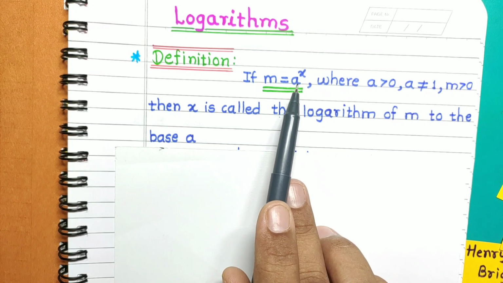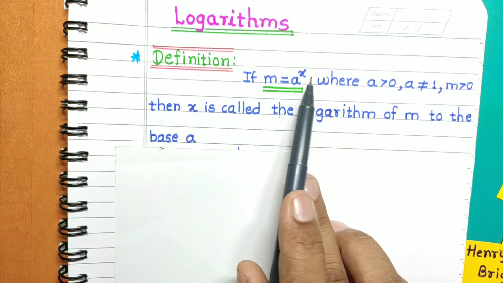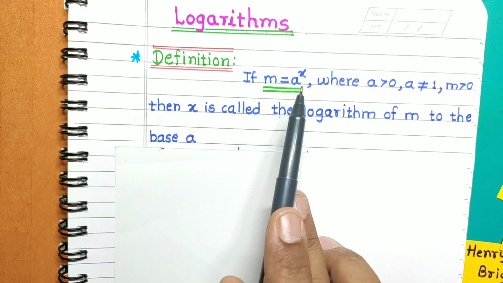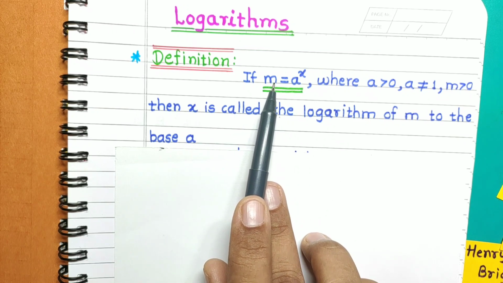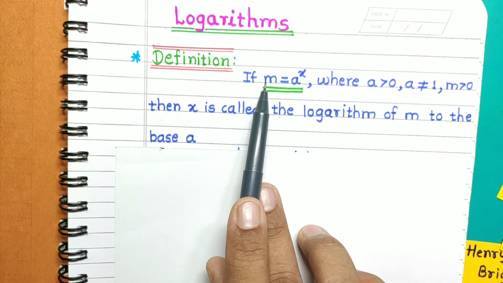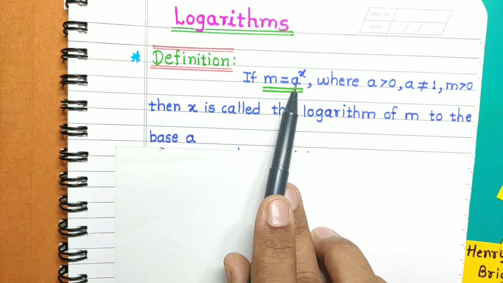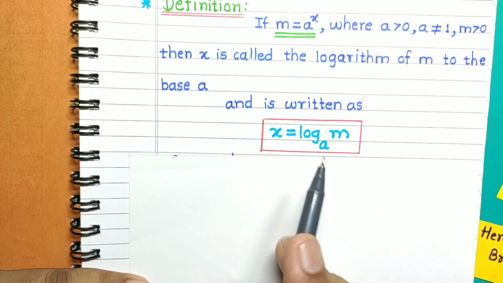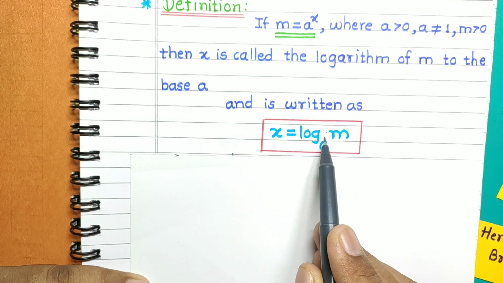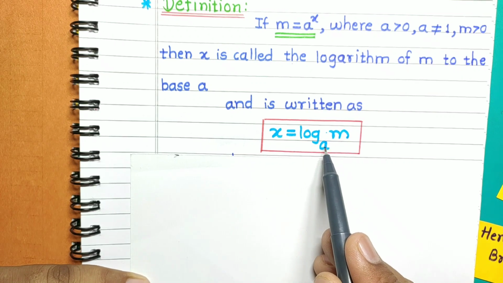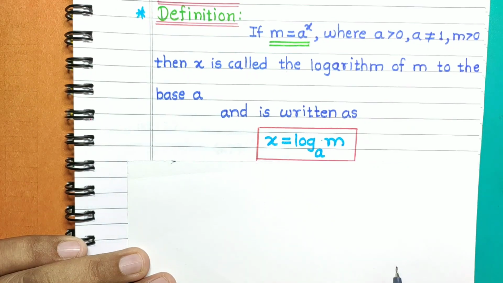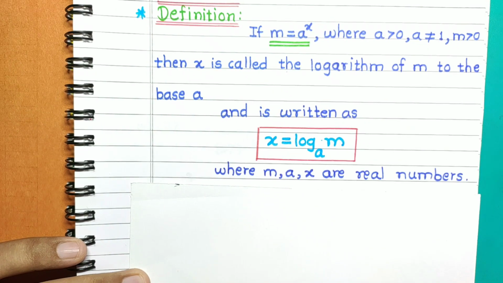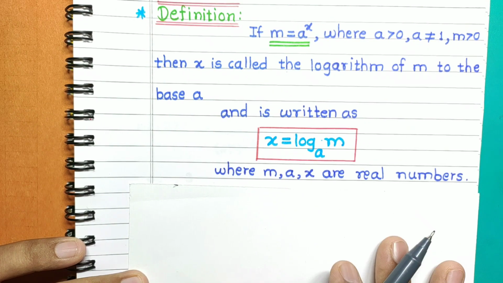Here a is the base and x is called the logarithm of m. We write it as x is equal to log of m to the base a, where m, a, x are real numbers.